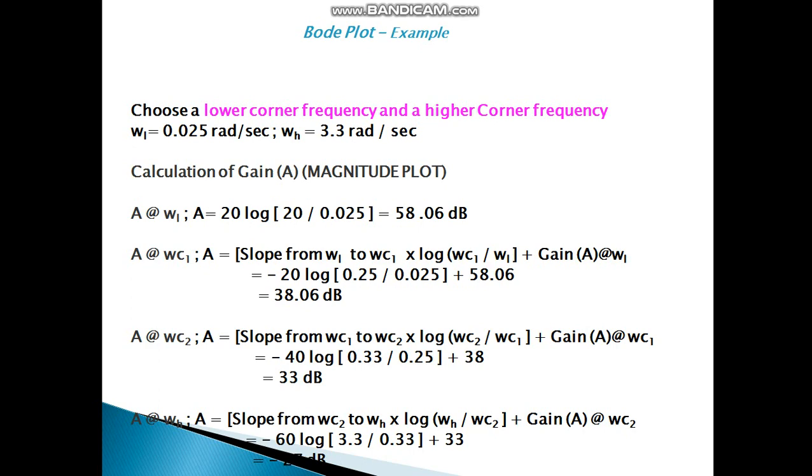Next find the magnitude at the corner frequency omega equal to 0.33. So the formula will be slope from omega c1 to omega c2 into log omega c2 by omega c1, plus gain of A, that is equal to 33. In the same way we have to find the magnitude for the higher corner frequency, that is 3.33.